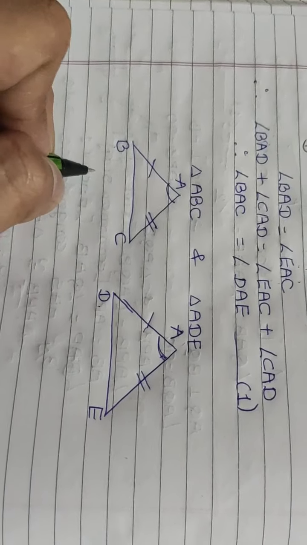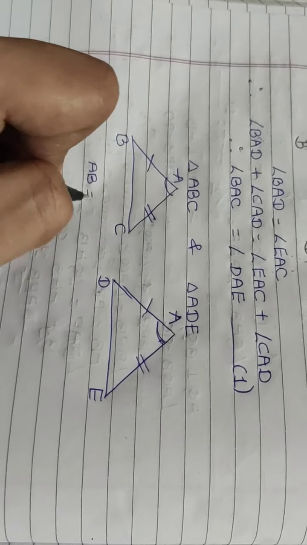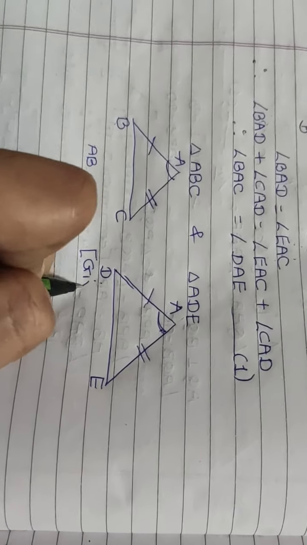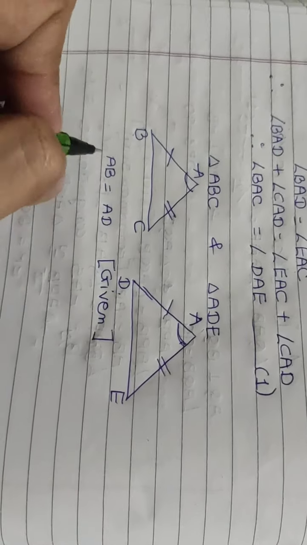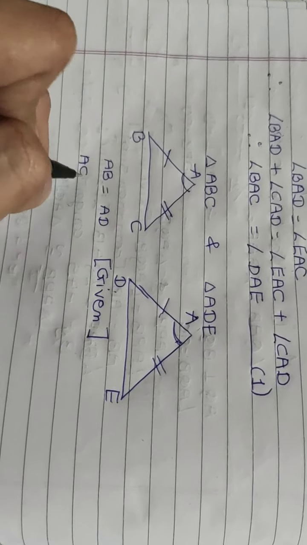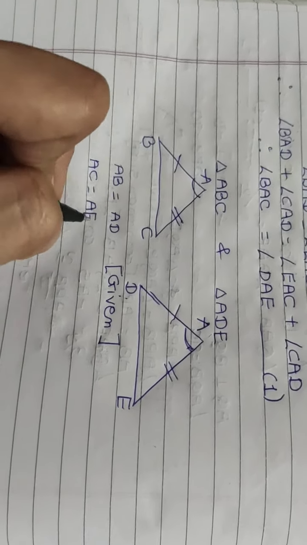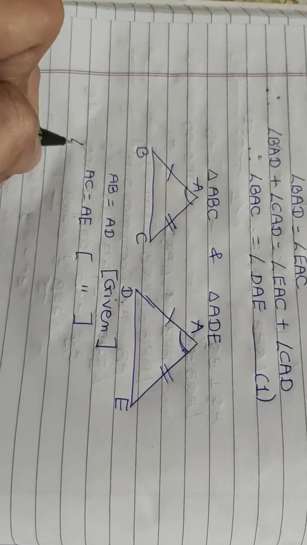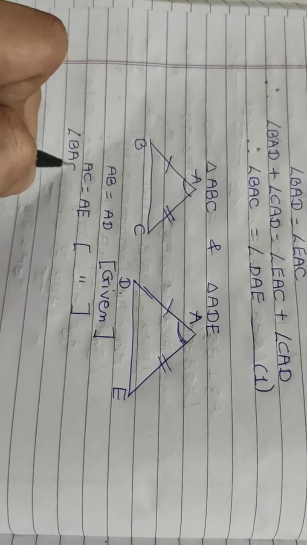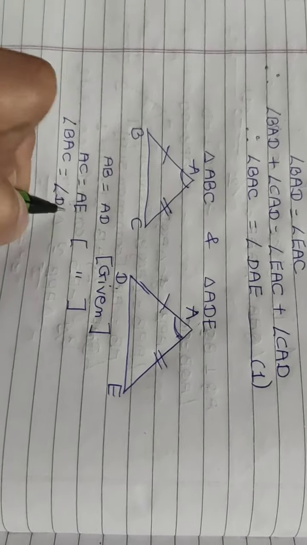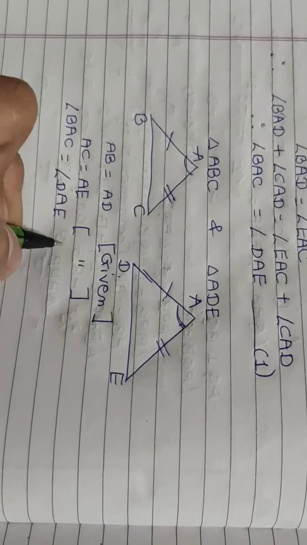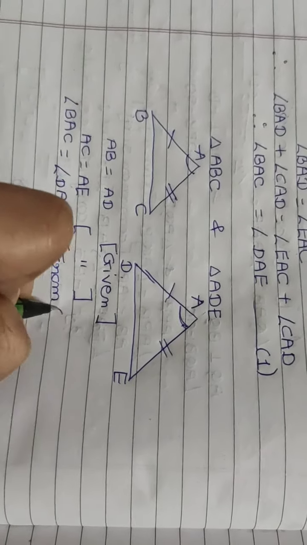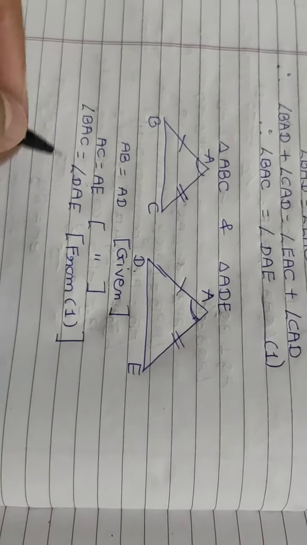So AB is equal to AD, that is given in the data. So we have to write the reason. AC is equal to AE, that is also given, right? And one angle is the same, BAC is equal to DAE, from 1, right?